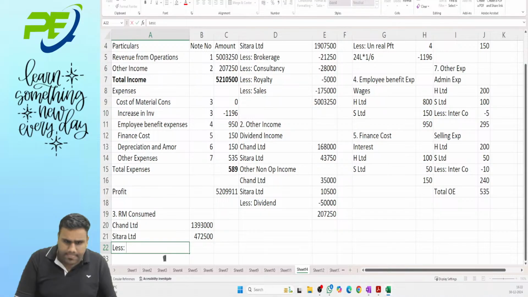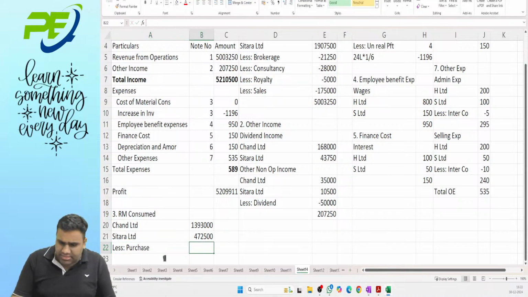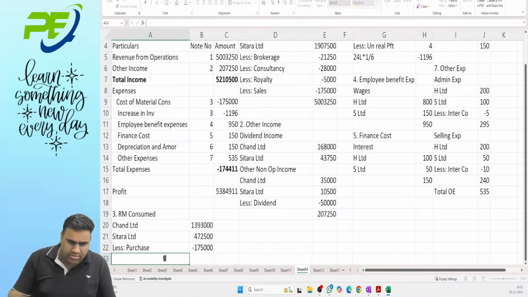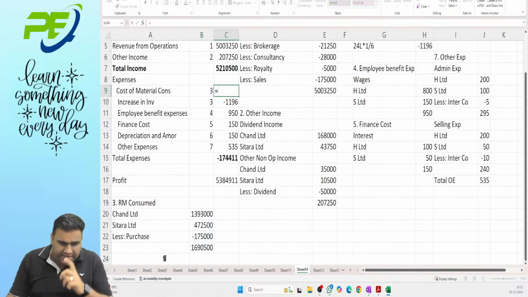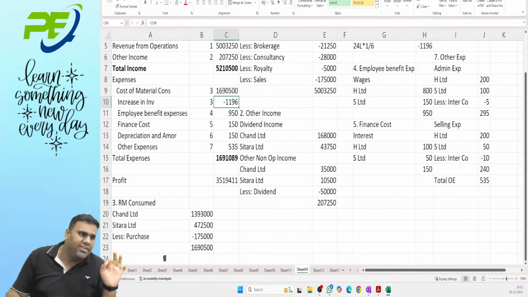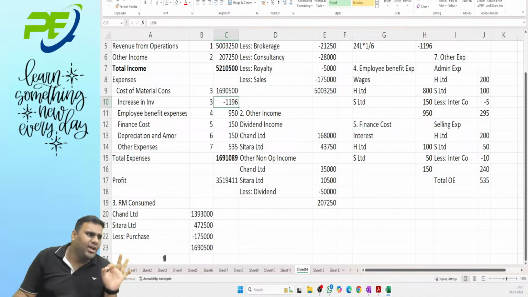Less purchase 1,75,000. 16,90,500. Everyone, 16,90,500.